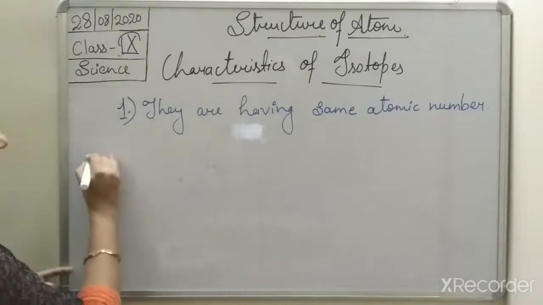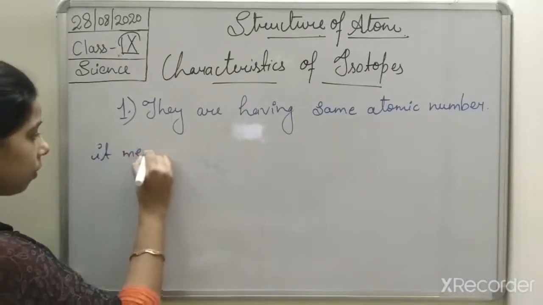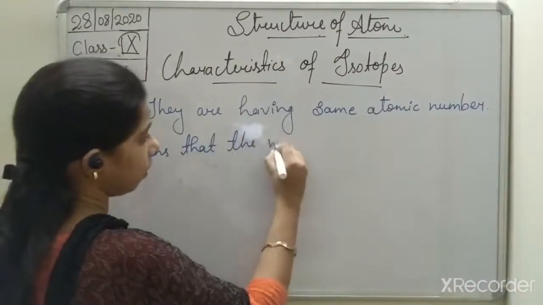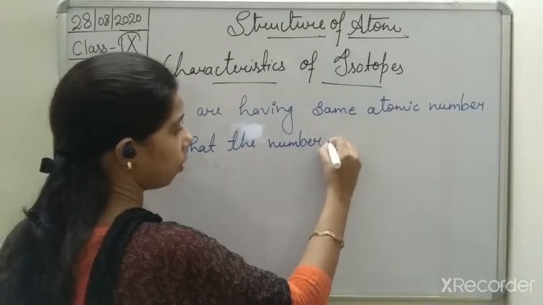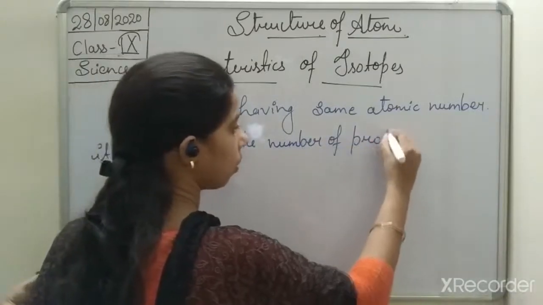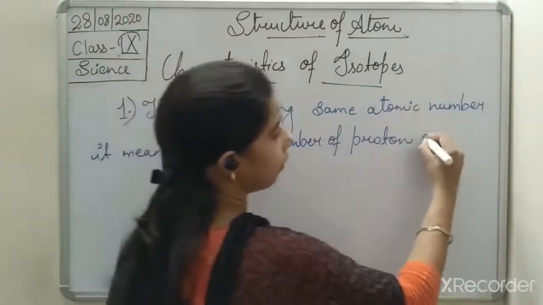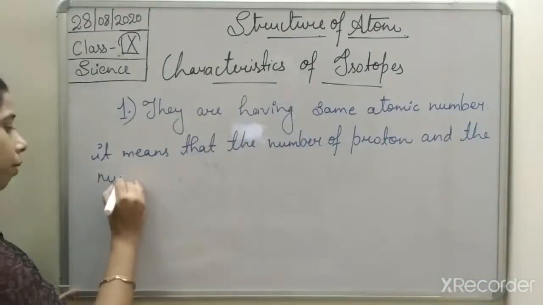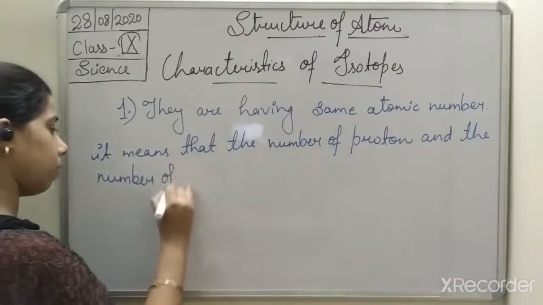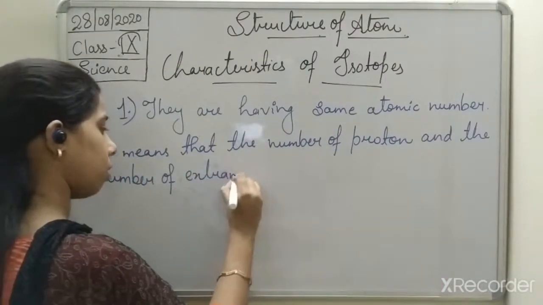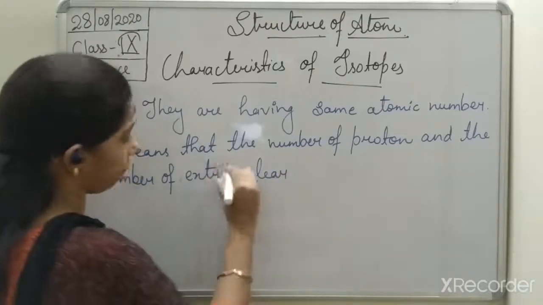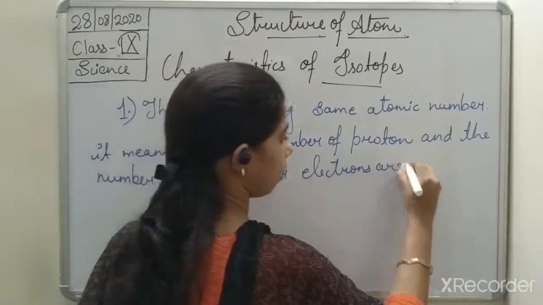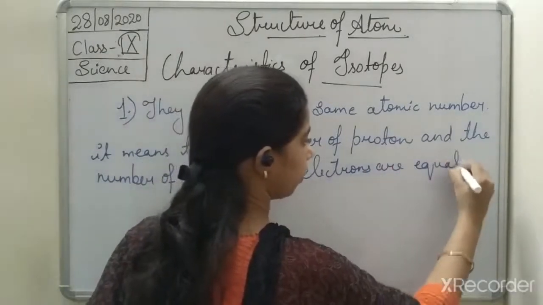So we can write: it means that the number of protons and the number of extranuclear electrons are equal.